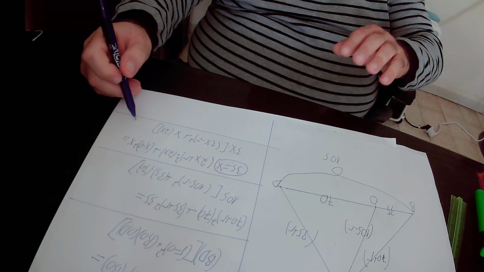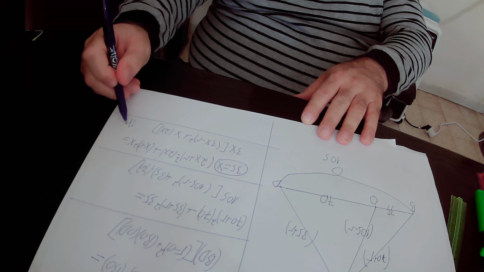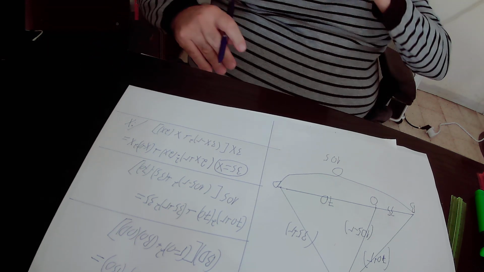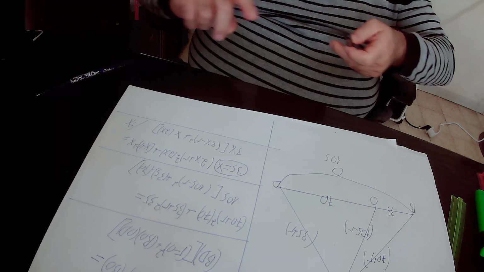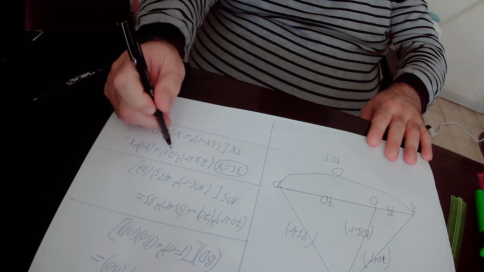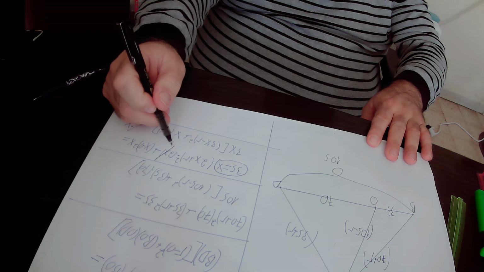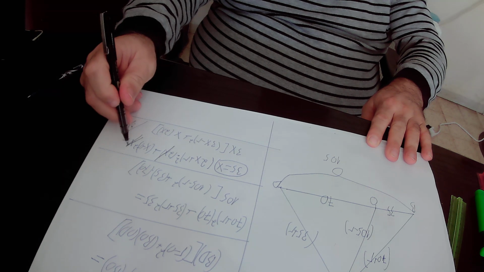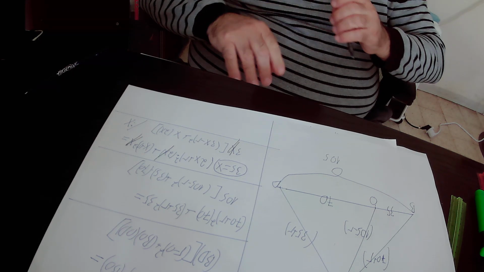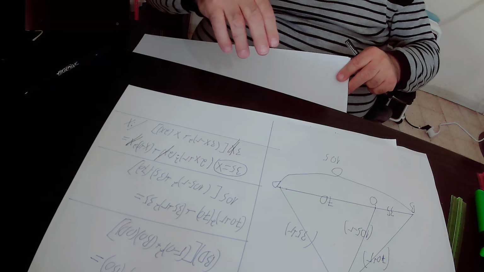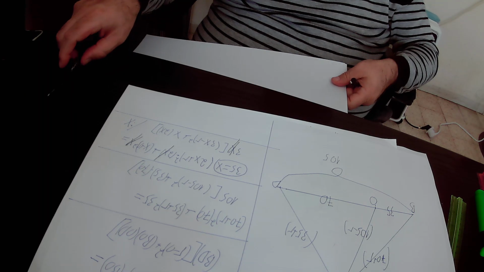Here we'll divide this equation by x. So here x will get cancelled. Here also x will get cancelled, and here also x will get cancelled. So what is left from this equation after we cancel x?